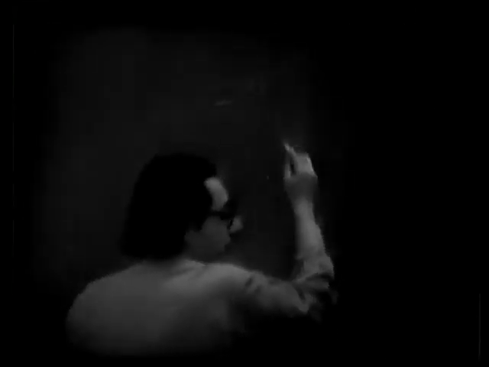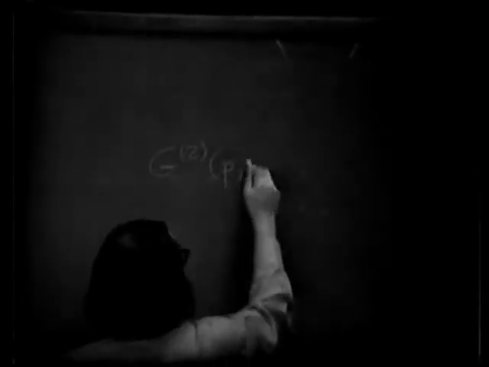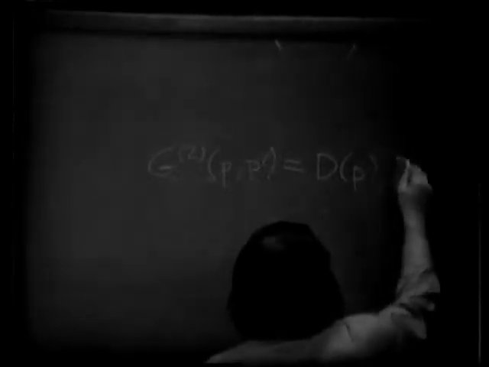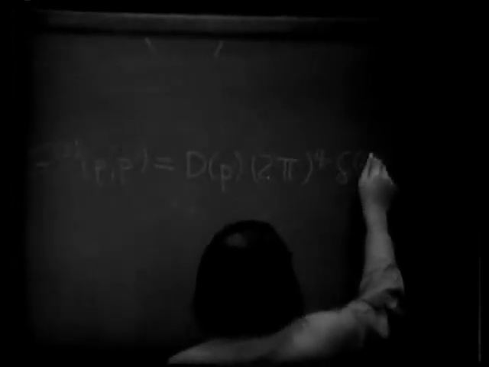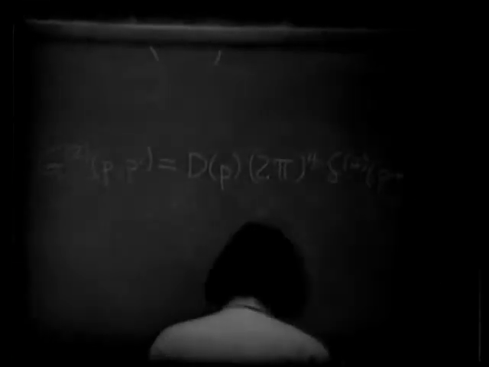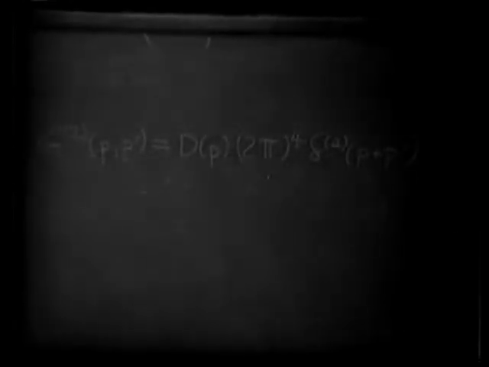You recall we defined the full propagator by saying G2 of p and p prime equals D of p, 2 pi to the 4th, delta 4 of p plus p prime. That was our definition of the propagator. The renormalized propagator, phi is a renormalized field, and the unrenormalized propagator, phi is an unrenormalized field.